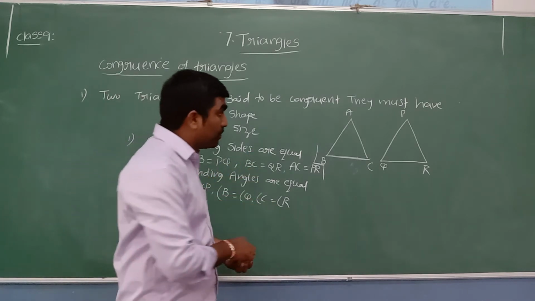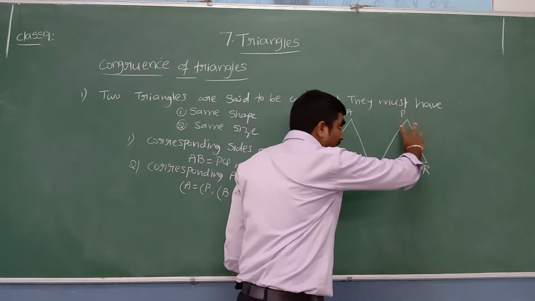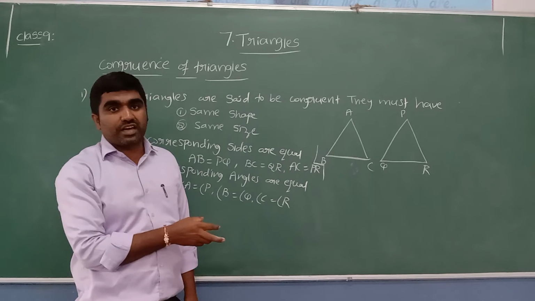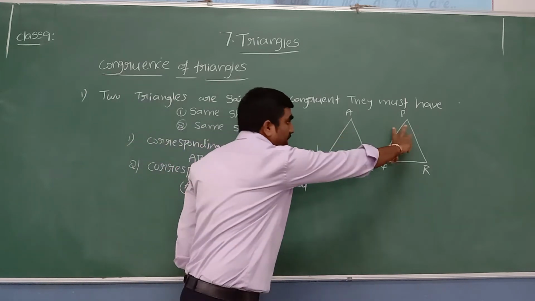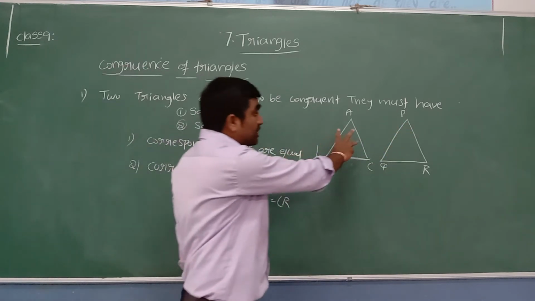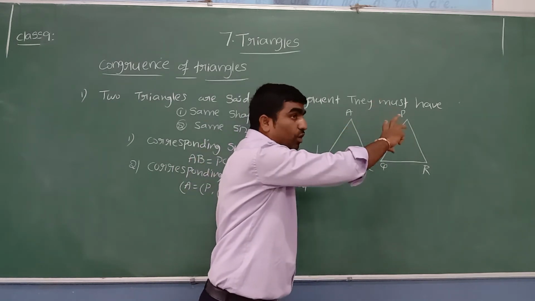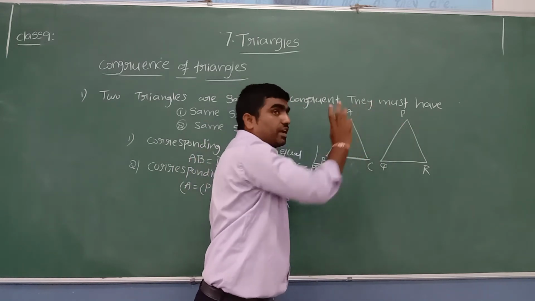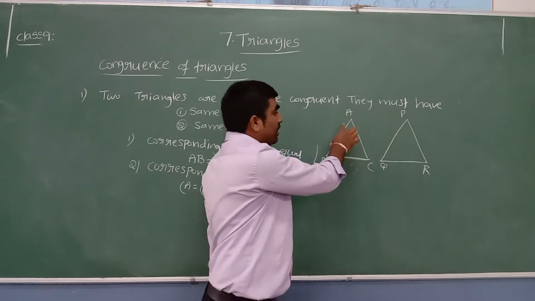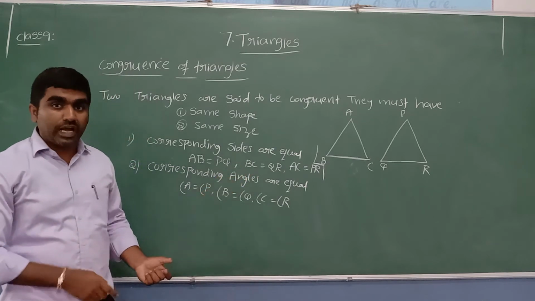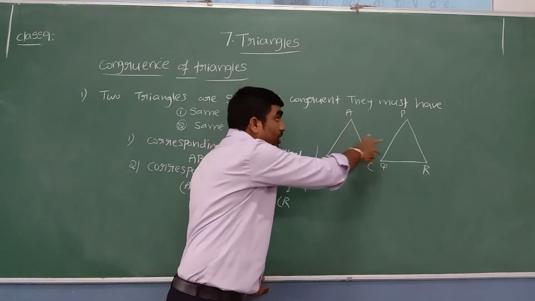Sir, when we keep one triangle over the other triangle, sides will coincide, angles also will coincide. When sides coincide, their lengths are equal. If two triangles are congruent, they will coincide 100%. So if they coincide 100%, we can say that their side lengths must be equal. And angles also will coincide.